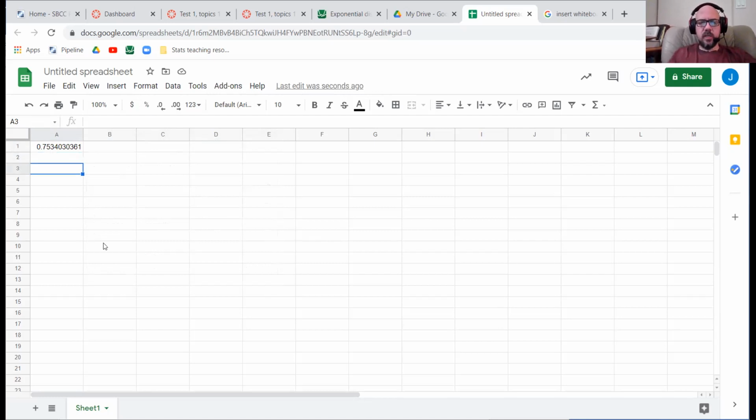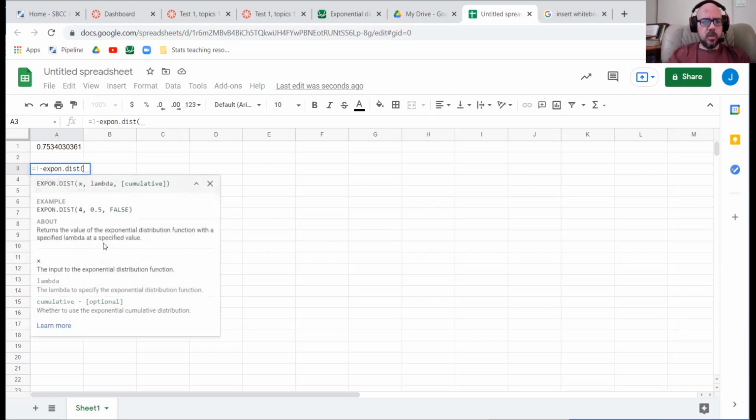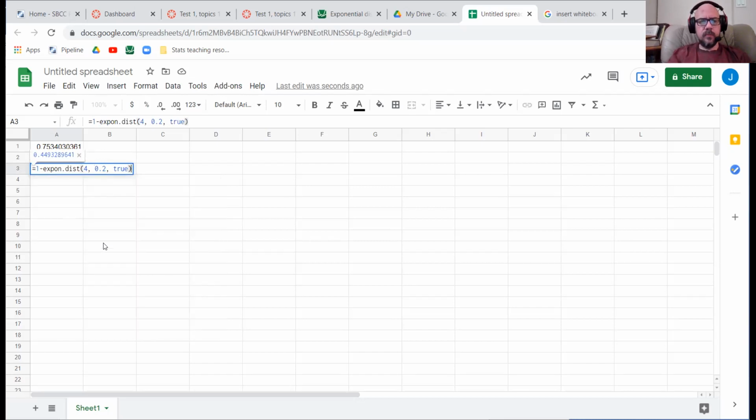So you do have to do a little bit more in Sheets and Excel. It's not too bad, right? Now keep in mind it only goes left. So if I wanted to find greater than 4, which was part A, I'd want to do equals 1 minus EXPON.DIST with x of 4, lambda of 0.2, and cumulative true, and we get 0.4493, just like we found when we used the calculator.